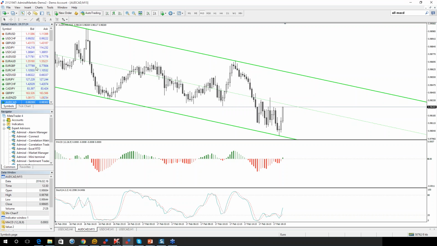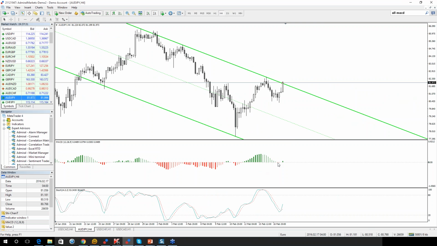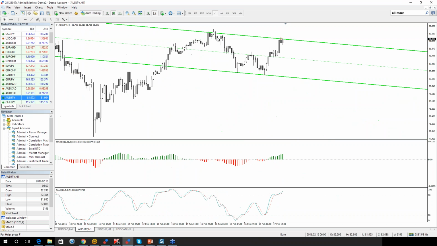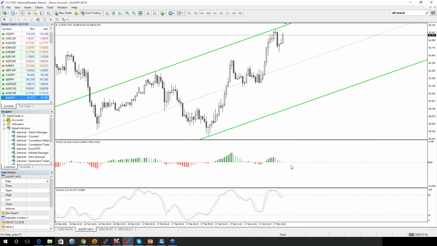ODN, yes, I will show ODN here. 4 hour. Upside, okay, so channel break here. We have upside, so possibly the channel will turn. So we need to start looking for long trades. 1 hour, definitely long, it's up momentum. 15 minutes losing the momentum, so we need to find a trade. But it might go down.